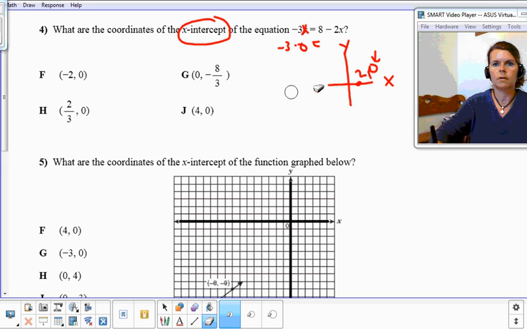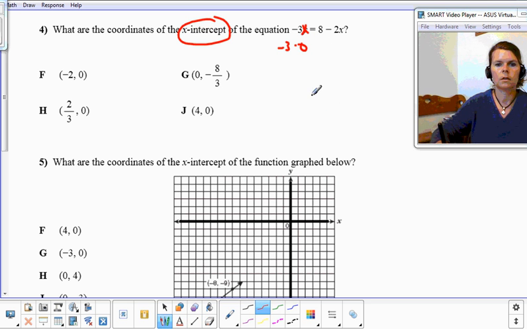And I'm going to erase this. If you want to see that again, just rewind it. Okay. So equals 8 minus 2x. So what is negative 3 times 0? Well, negative 3 times 0 is 0, equals 8 minus 2x. Now just solve for x.